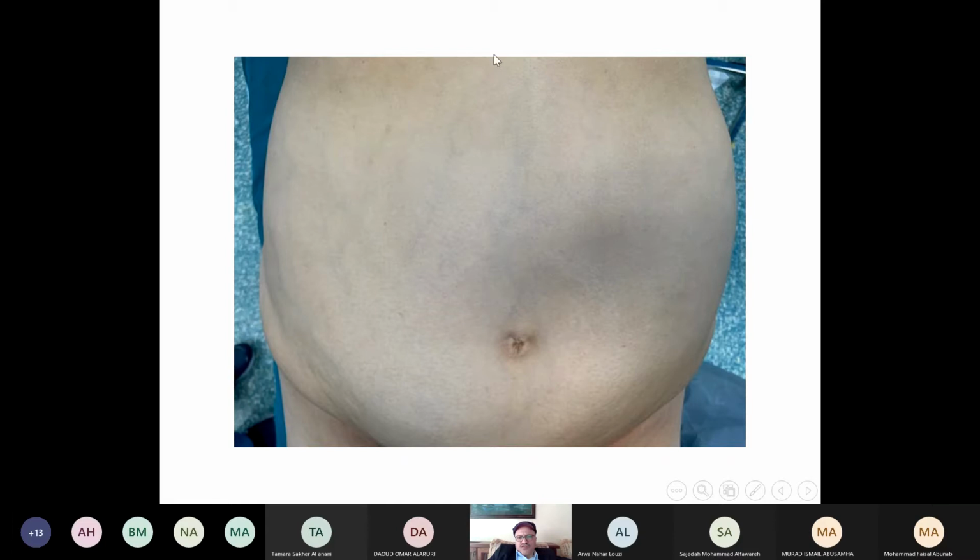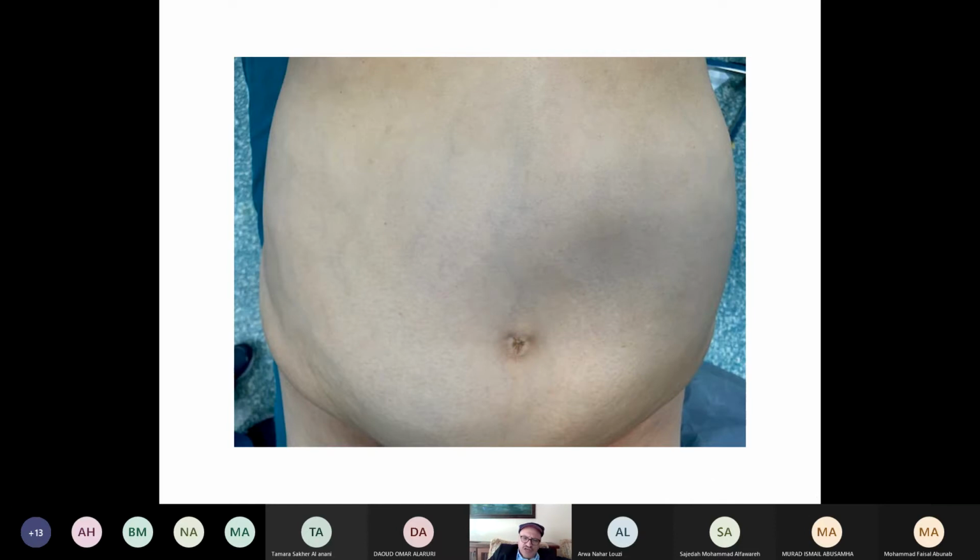If you measure the distance between the xiphisternum and the umbilicus and the umbilicus and symphysis, you will find that as if the umbilicus is shifted downward. The umbilicus does not shift, the umbilicus is fixed, but the area above it is distended. That's why it looks like the umbilicus is shifted.